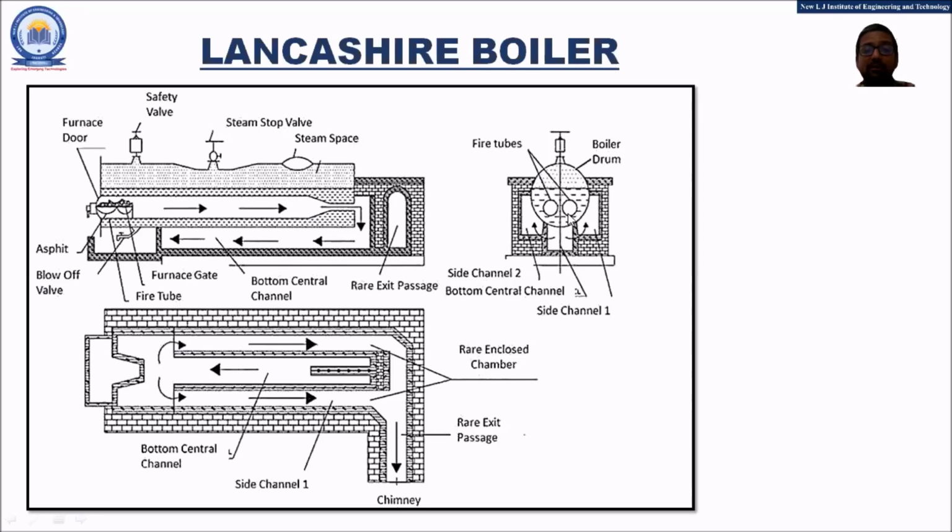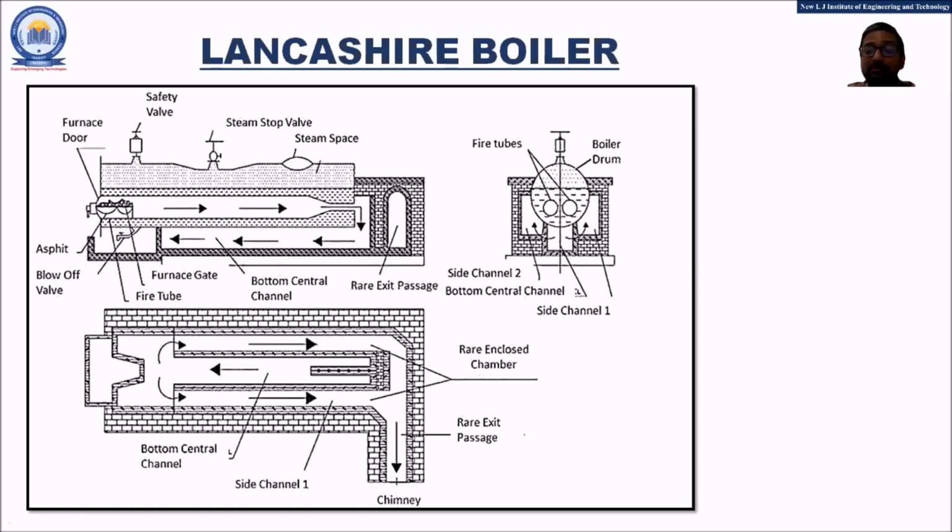Water, after absorbing the heat from the flue gases, will be converted into steam, and this steam will be removed from the steam stop valve, passing through the anti-priming pipe or the steam collecting pipe. Now friends, from the side flue path, SF path, by operation of the damper, the doors of the smoke chamber will be opened.